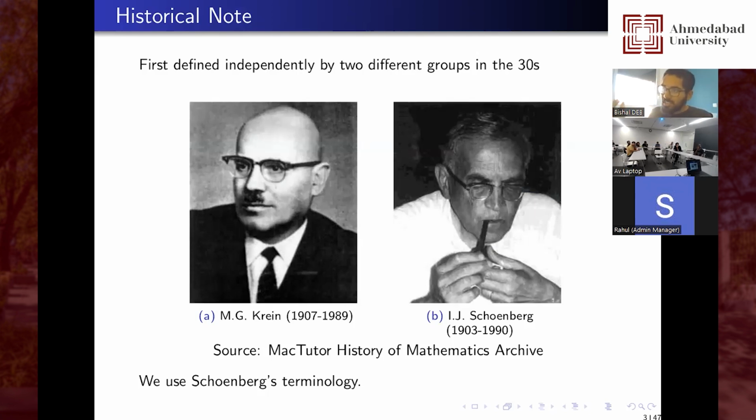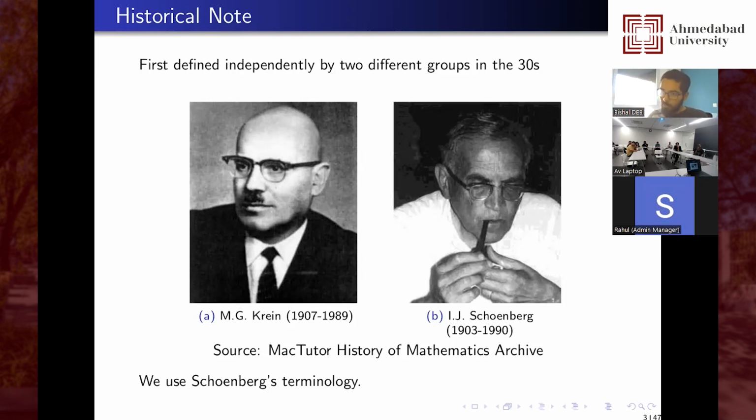So as you can see, right from its inception, this notion has had applications and motivation in different areas of mathematics, in applied and pure. As I mentioned, Schoenberg's motivation was complex analysis and where zeros of polynomials lie, and Krein's motivation was applied maths. It was swinging of pendulums, some problems in oscillations, and some problems in classical mechanics.